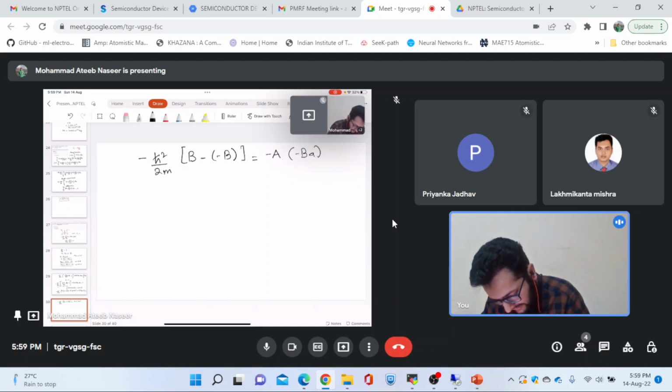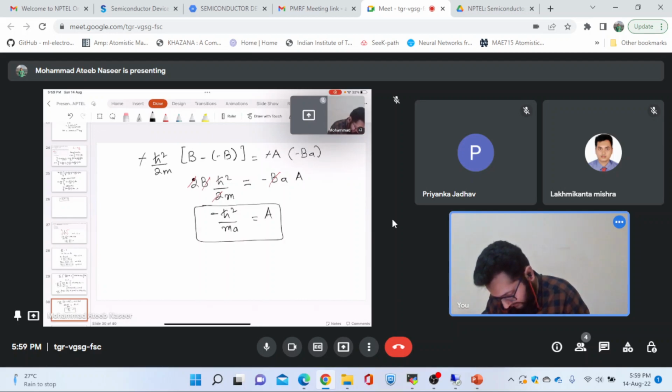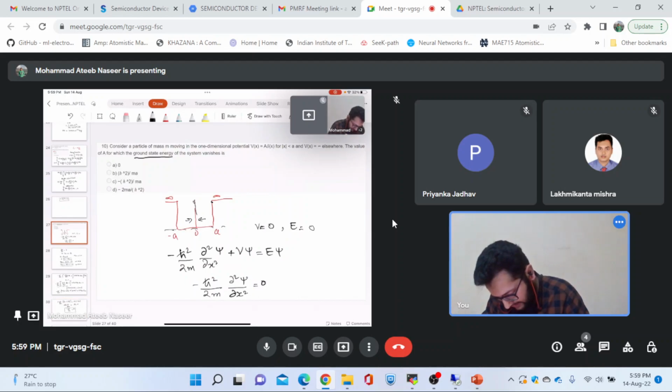I will cancel the minus and minus, it will be 2b h bar square by 2m, and it will be minus b a times a, or this b and b will go, this 2 and 2 will go. I will be left with minus h bar square by m a, and this is the value of this a. So we have seen that the answer to this problem is C.